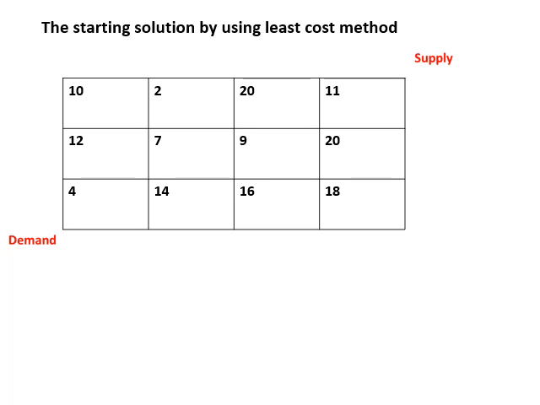Again, we are interested in the beginning with the least shipping cost from source to destination. So we will start with the smallest unit cost. Next, we will cross out the rows and columns and adjust the amounts of supply and demand, the same as for the northwest corner method.